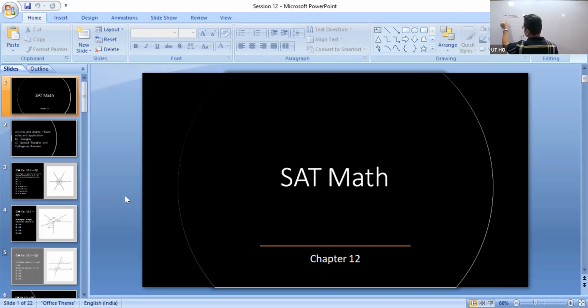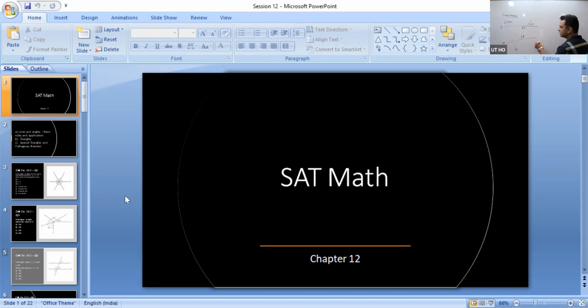So it is given that L is parallel to M, and N is a transversal line. So these theta and phi are alternate angles and they are equal. Clear? Similarly, alpha and phi will be the corresponding angles.